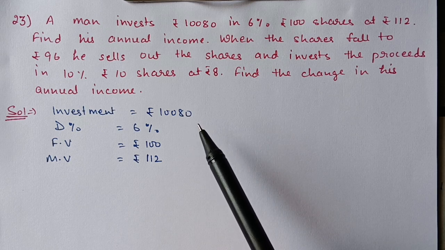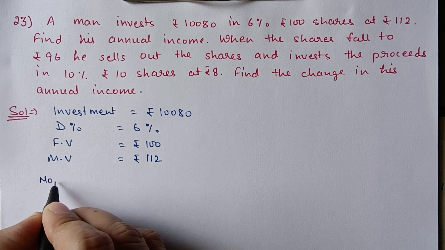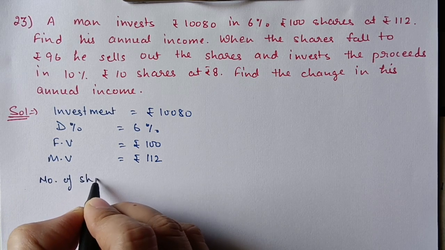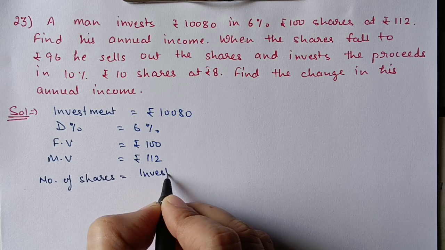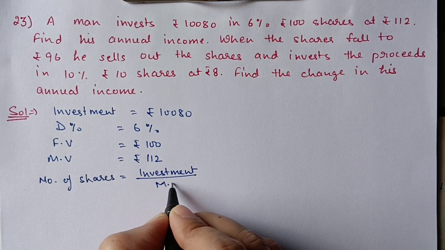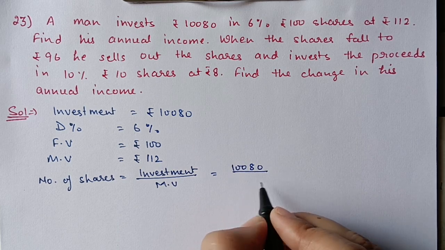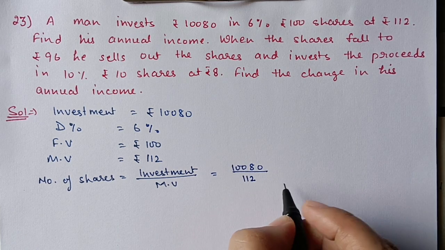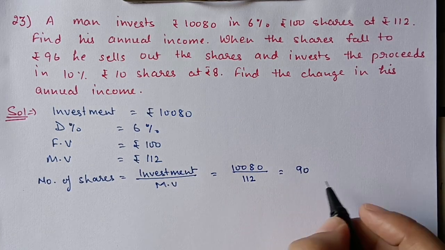So first we'll calculate the number of shares, how many shares he has purchased. Number of shares is equal to investment upon market value. He has totally invested 10,080 rupees and the market value is 112 rupees. After calculation, we will get 90 shares.